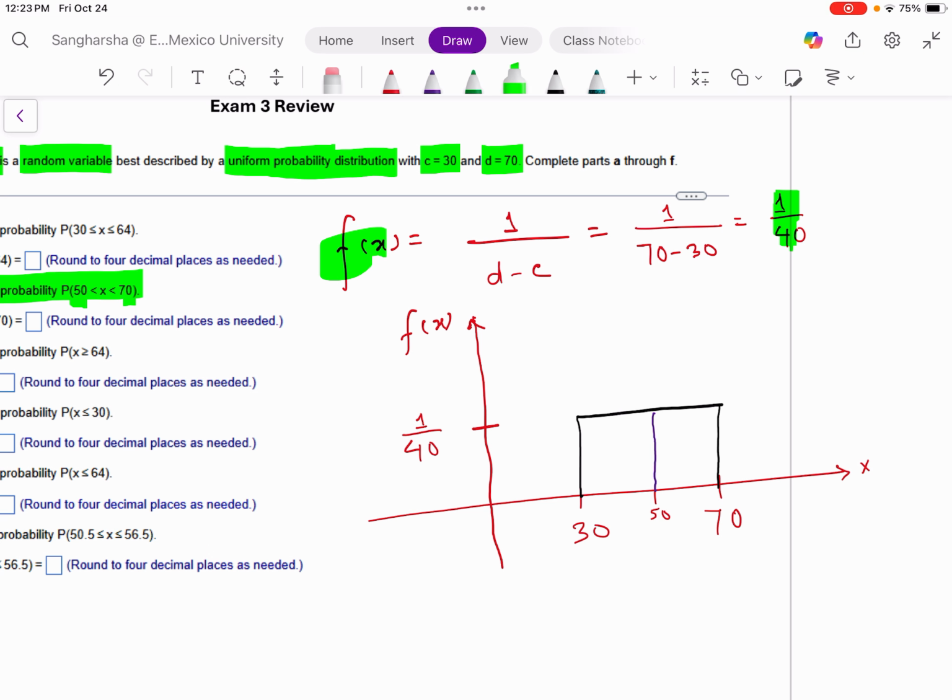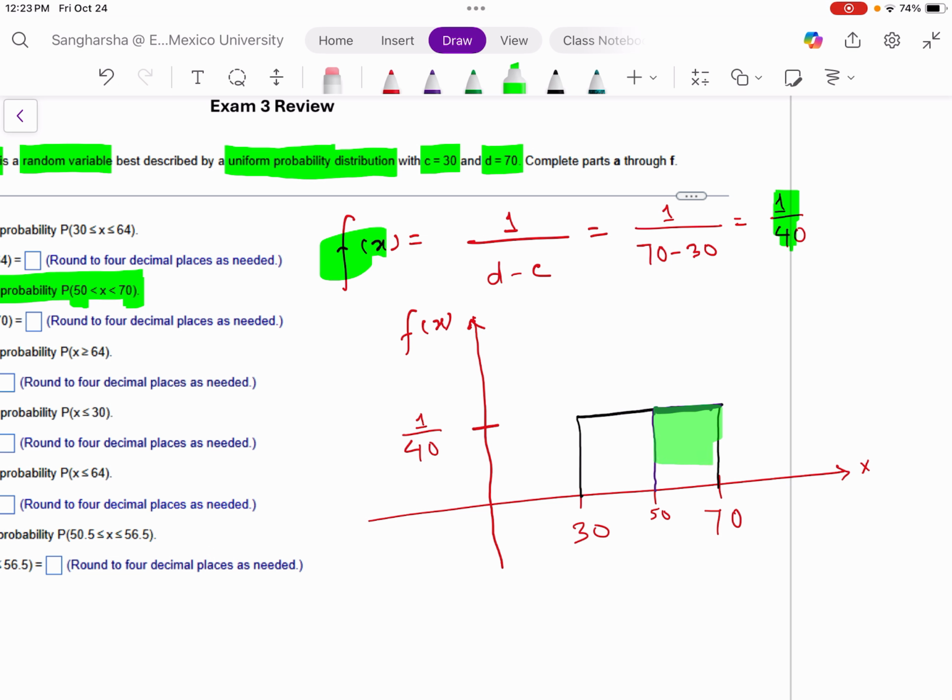Here, finding a probability is the same as finding the area under the curve from 50 to 70. So this is our curve from 50 to 70, and we are interested in finding the area under it.